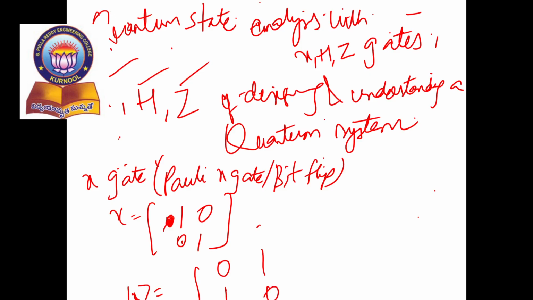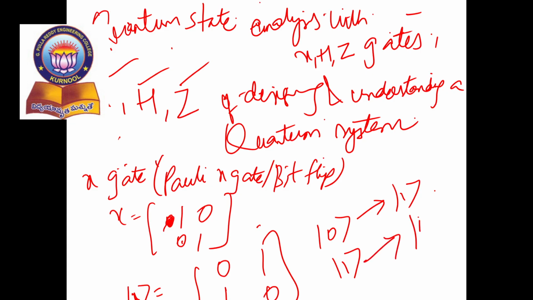So the state 0 is converted to 1 and 1 is converted to the 0 state, where the bits are flipped. That is what we call the Pauli X gate.